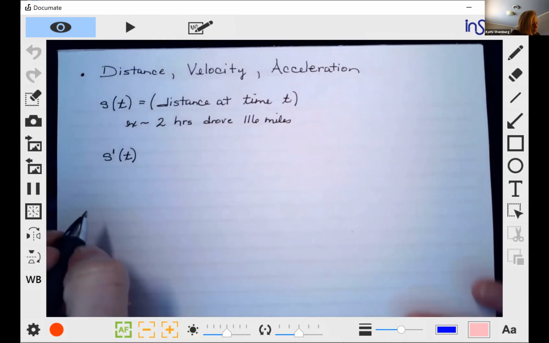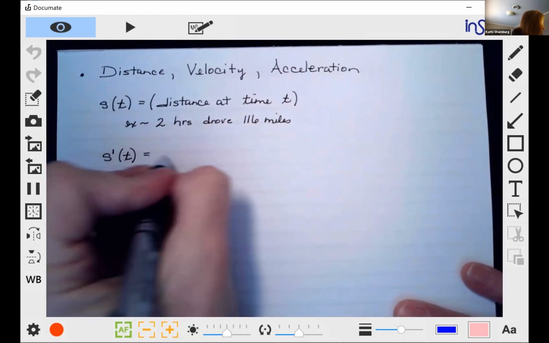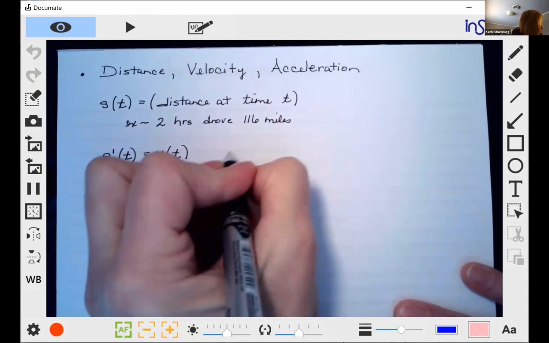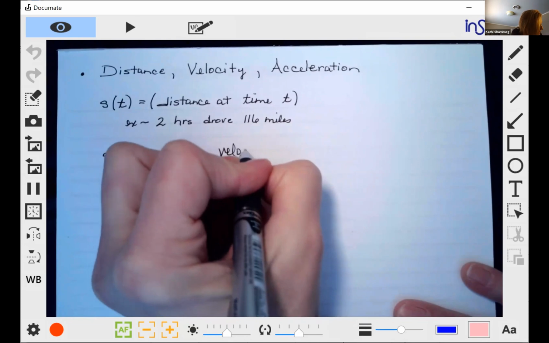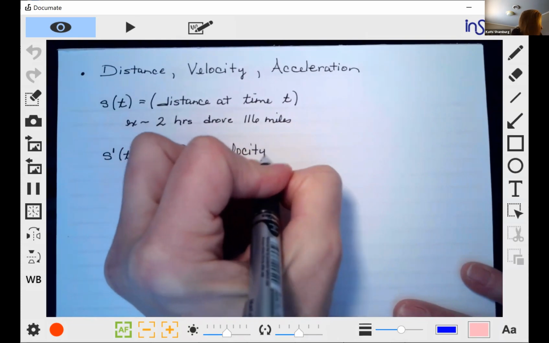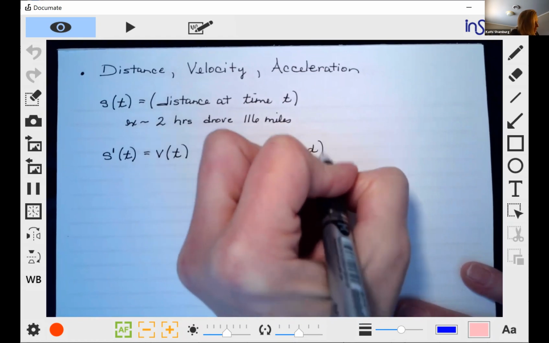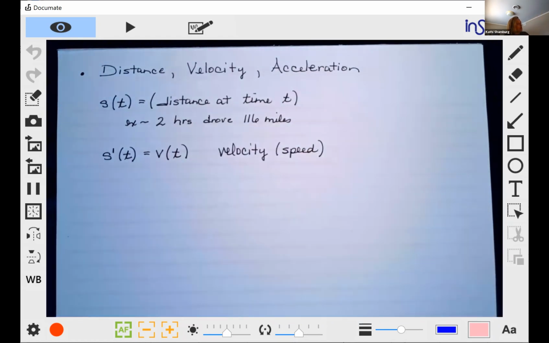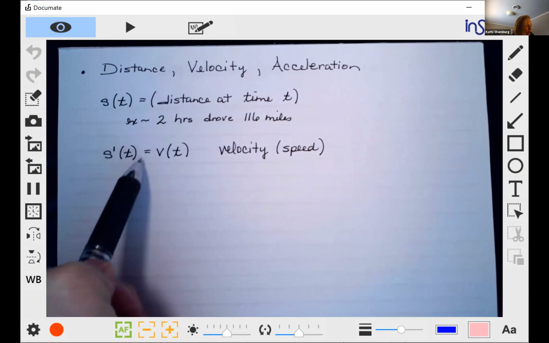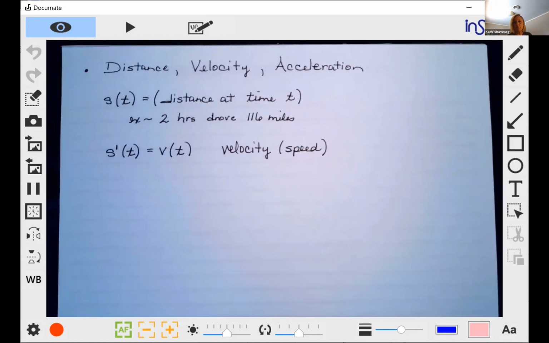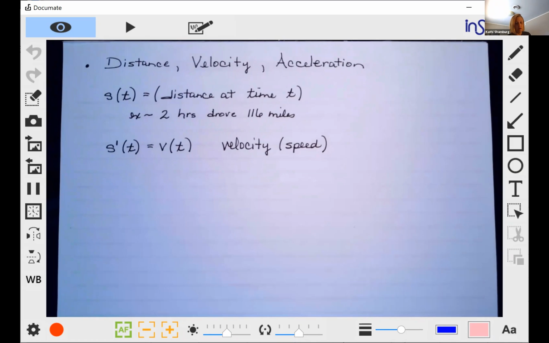So the first derivative is also known as v of t because we're talking about velocity. In essence, your speed at a particular time. Now, remember that the first derivative tells us the slope of the tangent line. So we know a slope can be positive or negative.